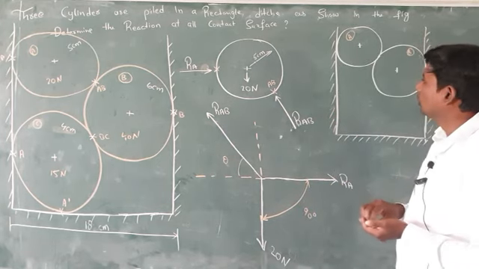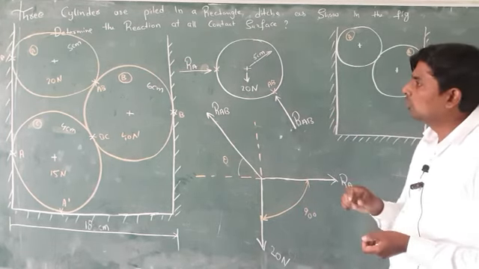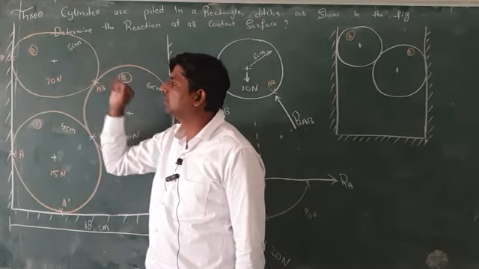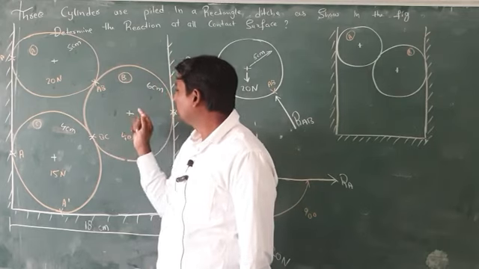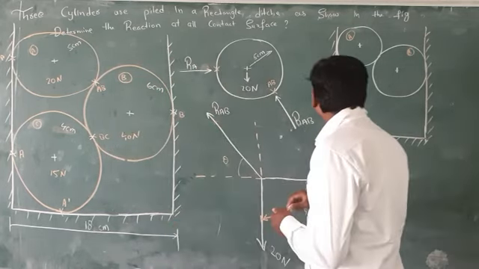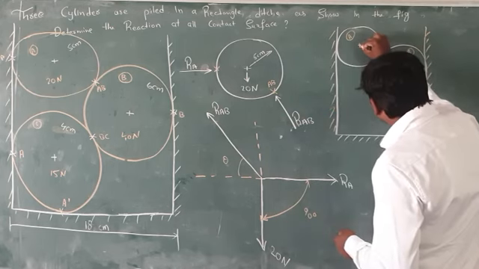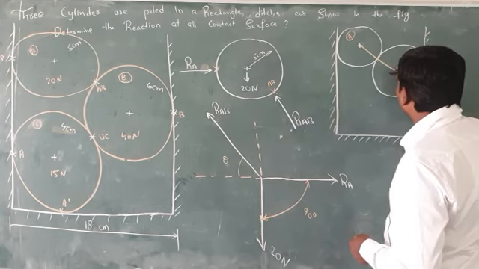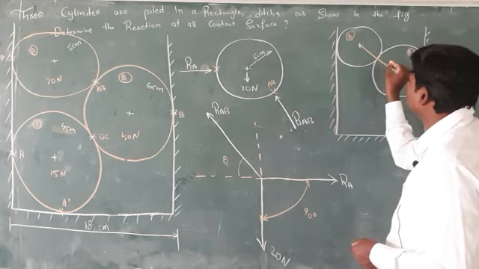For A, how much radius is given from here to here? 5 centimeter. For B, how much radius is given? 6 centimeter. So here to here you have to take the radius. This one is 5 and this one is 6.